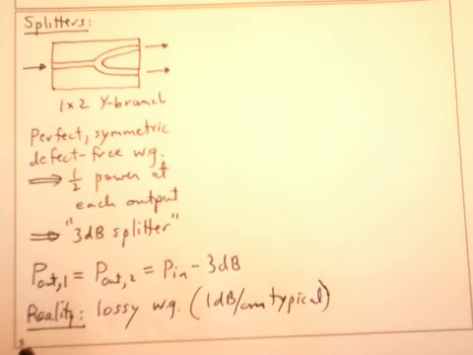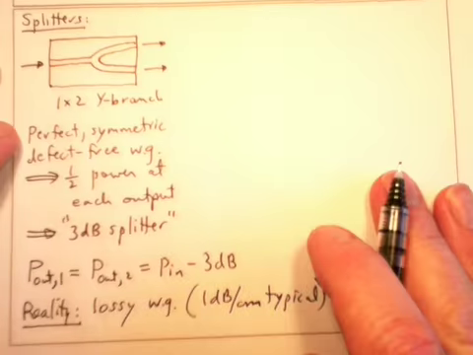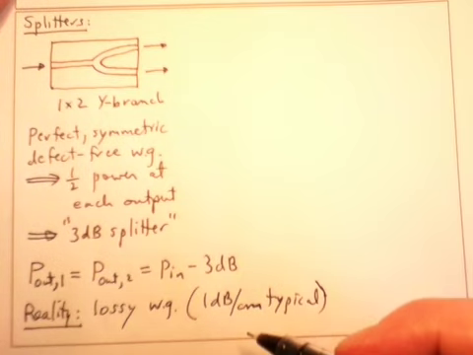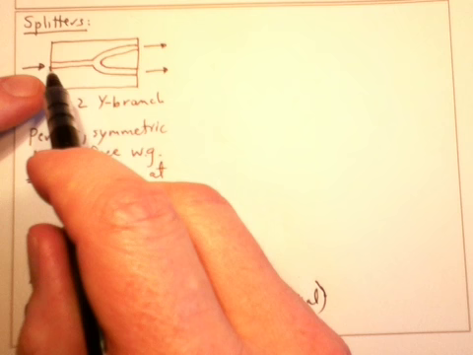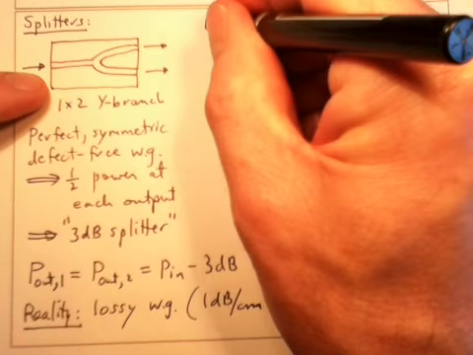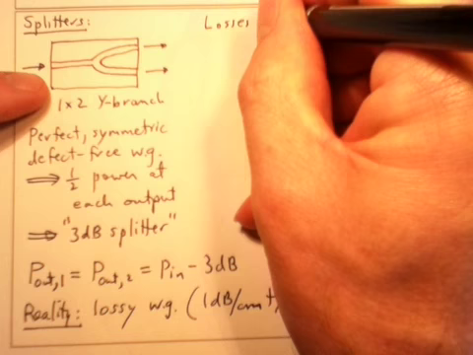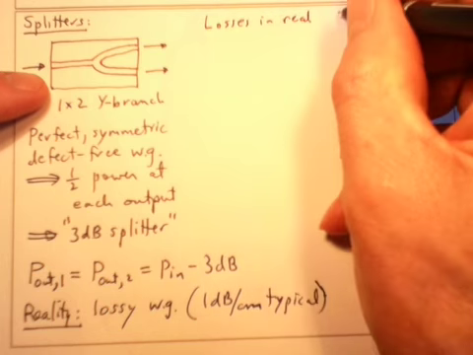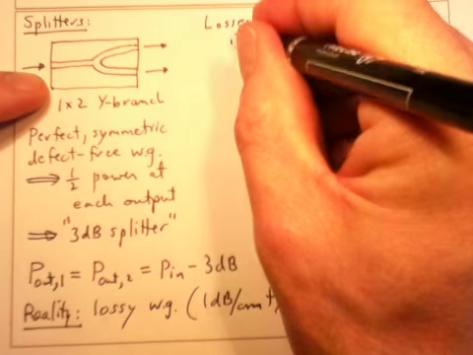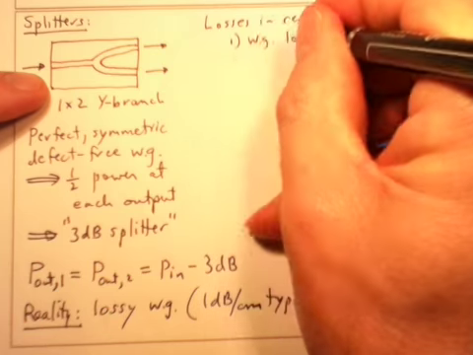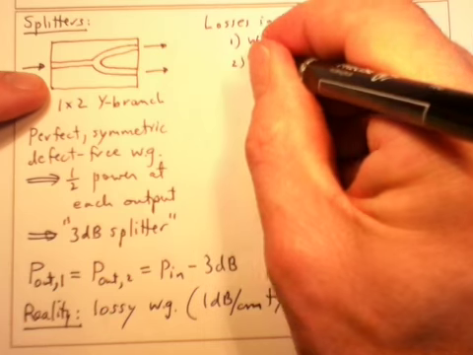And by the time you have waveguide loss, you have coupling loss, so losses in real devices therefore include waveguide loss and coupling loss.